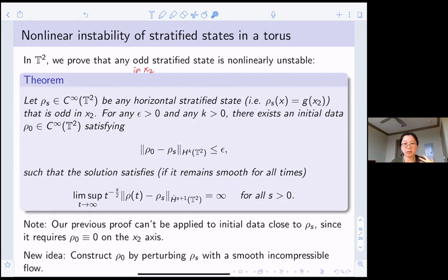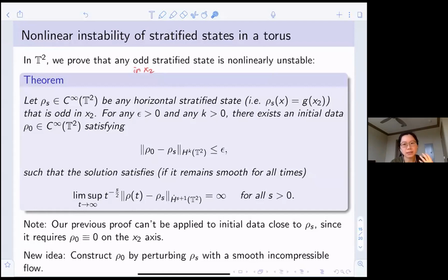So our proofs are all based on the condition that if nothing bad happens, if it doesn't blow up, then the difference between rho t and the stratified state will be growing to infinity in any of the HS+1 norm, so basically anything bigger than H1 norm. So that is the result.